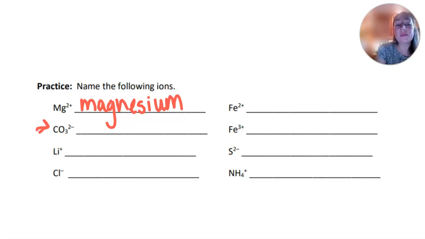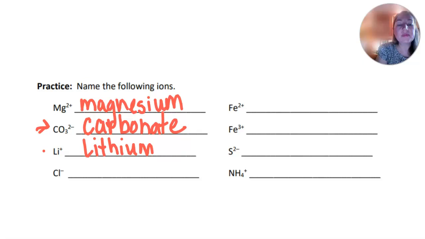CO3 2 minus, we just learned was one of our polyatomic ions to know, and that one is carbonate. Li plus, group 1 metal, so we can just call it lithium. Chlorine, non-metal, so we end it in chloride.